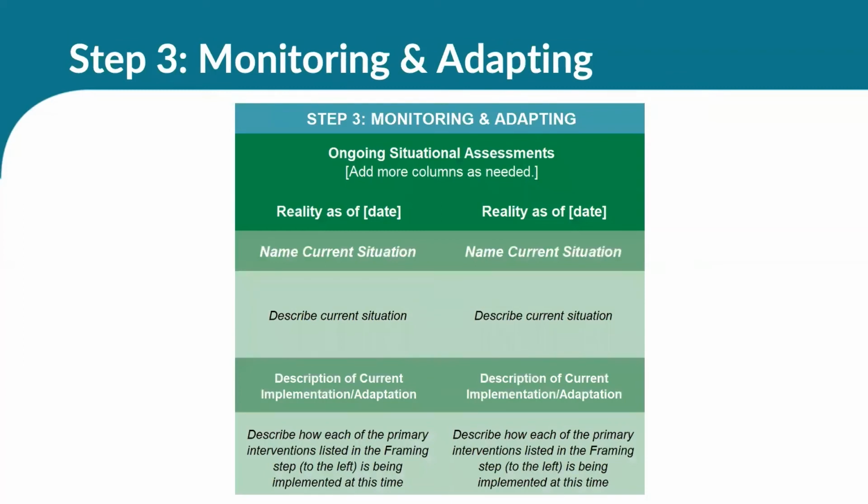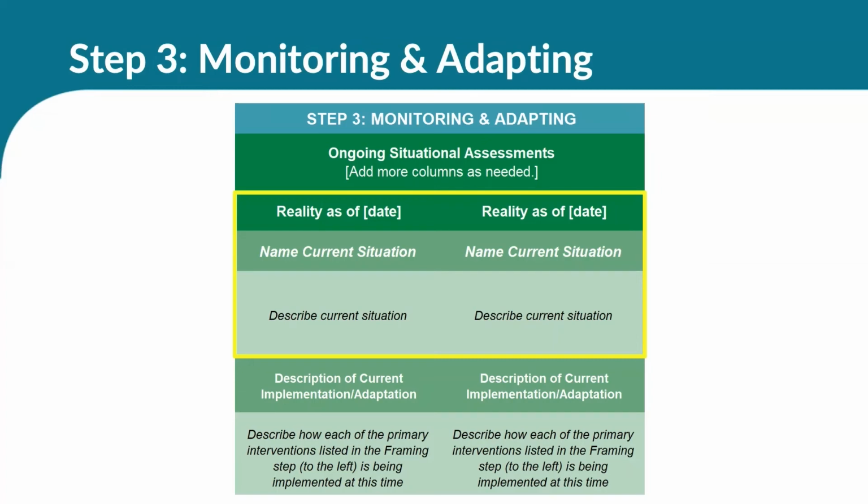In step 3, you conduct ongoing monitoring of your scenarios and adaptations to your interventions. Each time you do this monitoring step, record the date and add a name and description for the situation at that point in time. Add additional columns as you continue to monitor your operating environment and possible scenarios.